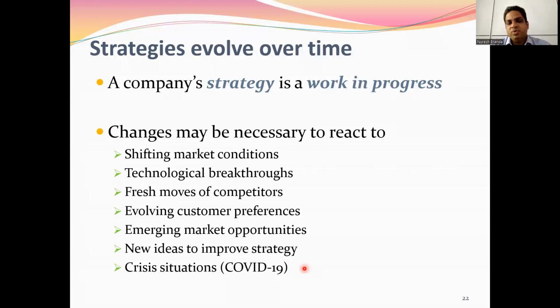So all these things necessitate or motivate the movement towards having a more agile strategy. So strategy is a work in progress. You can't just say, okay, our strategy development is done today, so the things are over. You can't do that. Why? The environment is changing and you have to keep on changing what you have been doing, right?